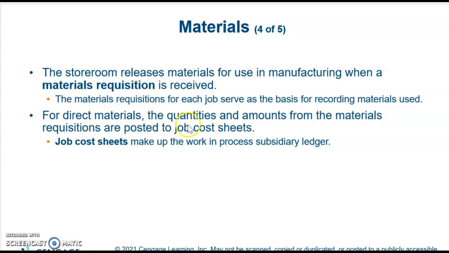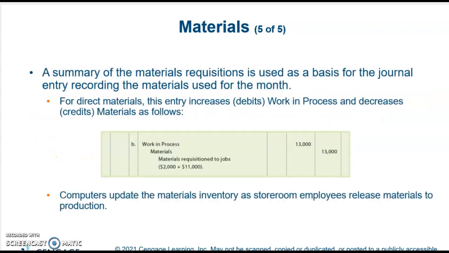For direct materials, the quantities and the amounts for material requisitions are posted to job cost sheets. And these job cost sheets make up the work in process subsidiary ledger. So they move out of materials inventory into work in process when they start being used on the job.